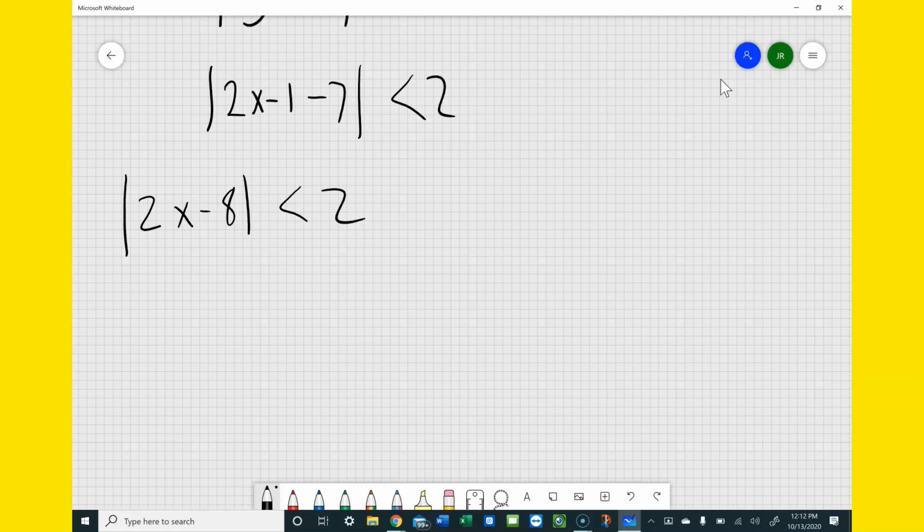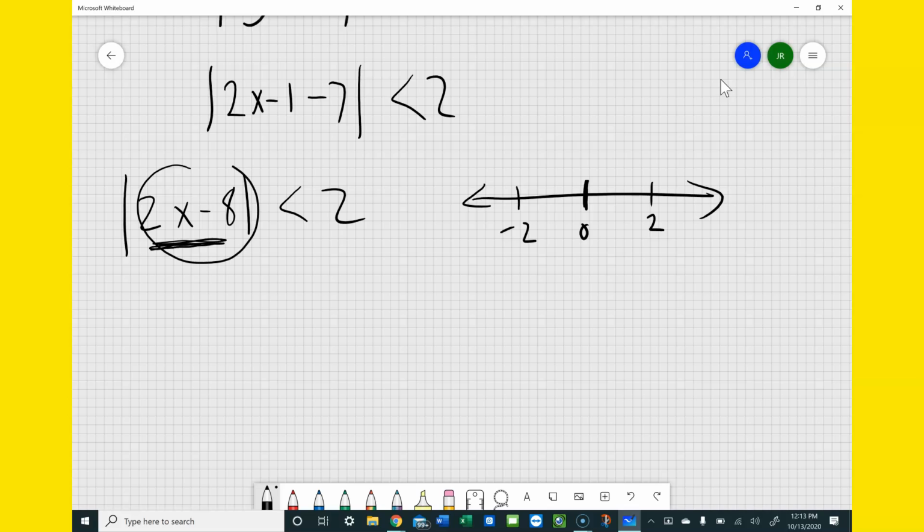And now, hopefully you've had some absolute value problems before, and so you know what's going to happen next. But if you don't, let me just show you. If we keep in mind that the absolute value truly means the distance from 0. So here's 0, here's 2, here's negative 2.